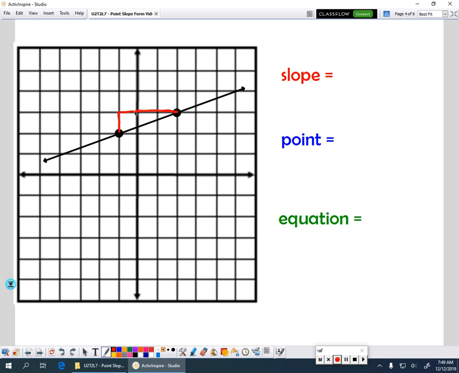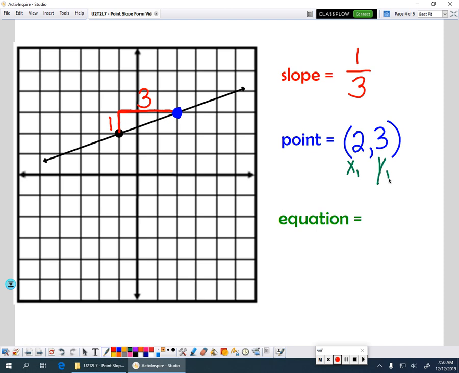So here is our slope. It's going to be up 1 over 3. It's a positive slope, so it's going to be positive 1 over 3. And then again, I just need the value of a point. So this point right here has an ordered pair over 2 up 3. Okay, and remember that's going to be our x1 and our y1.